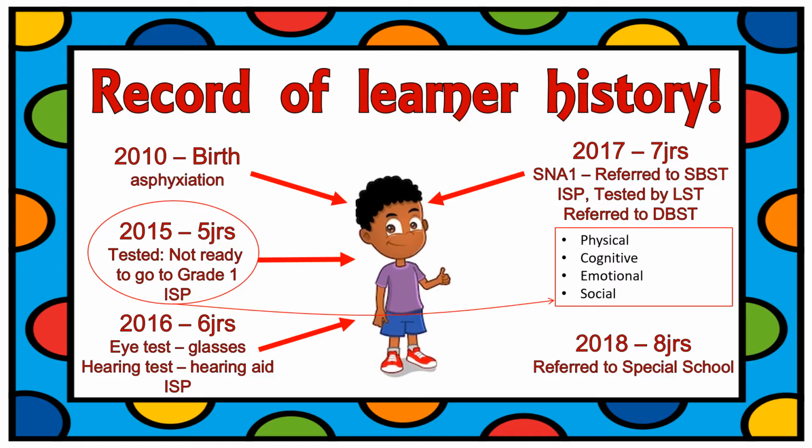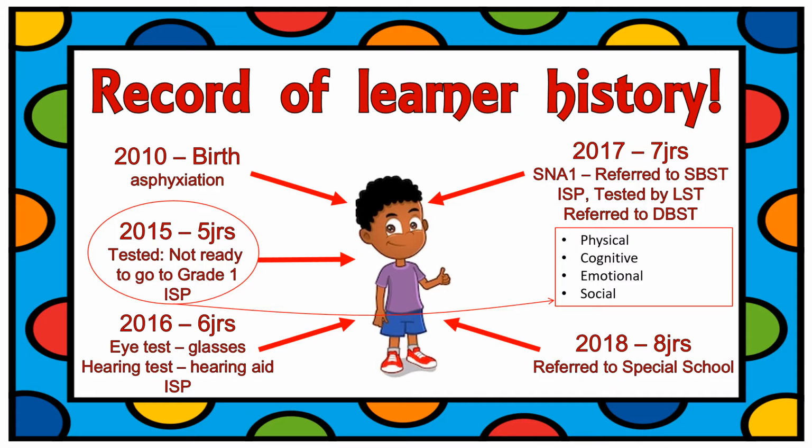In 2017, an SNA 1 was compiled and the learner was referred to the school-based support team. The individual support plan was once again adjusted, and it was decided that the learner should be tested by the learning support teacher. After the test results, it was decided that the learner should be referred to the district-based support team.